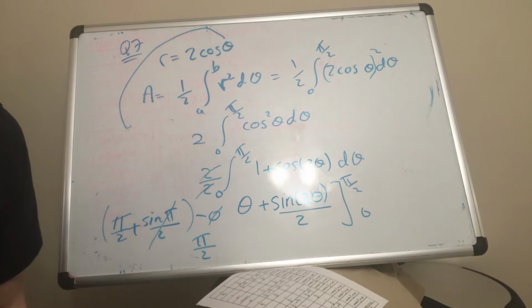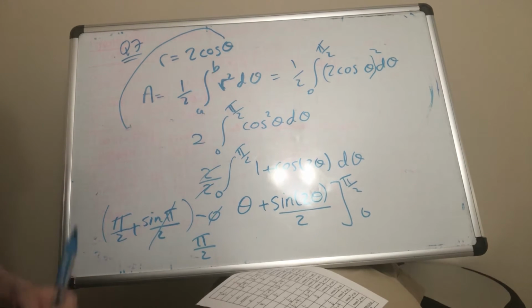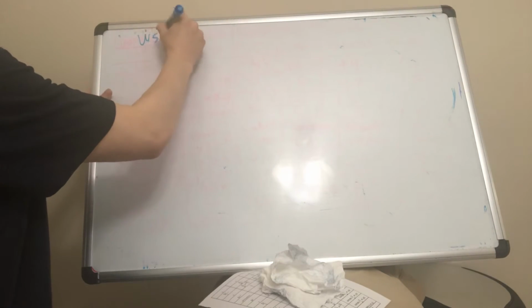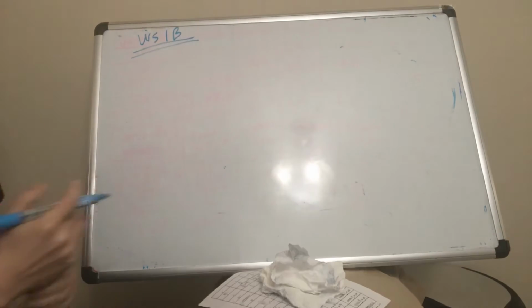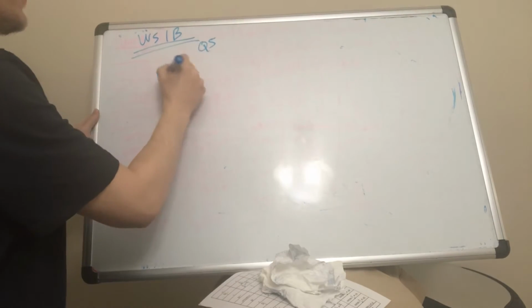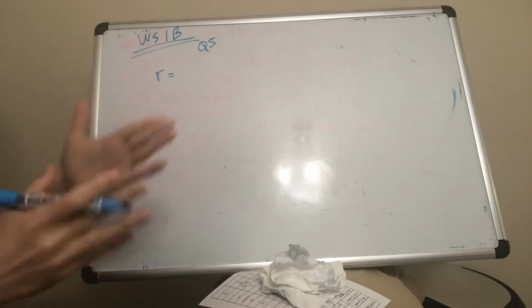Now if I go to the other workshop, there are 2 good questions, question 5 and 6 in this workshop, workshop B. Question 5: they give you the relationship in the polar system.